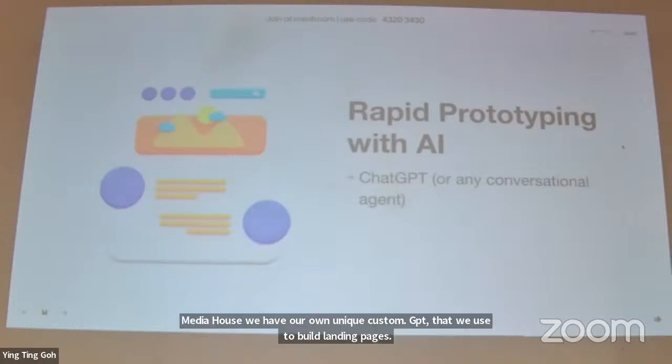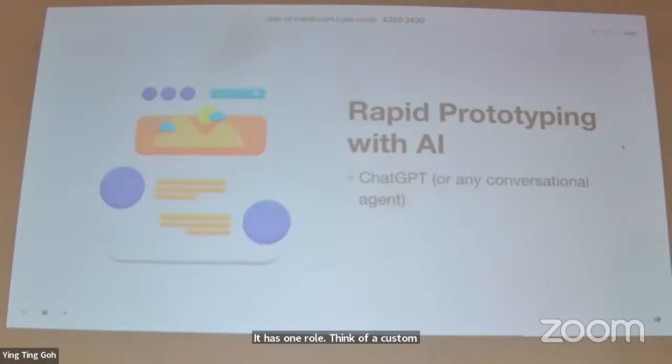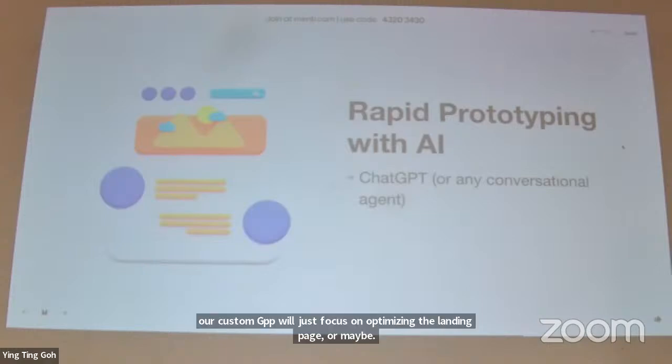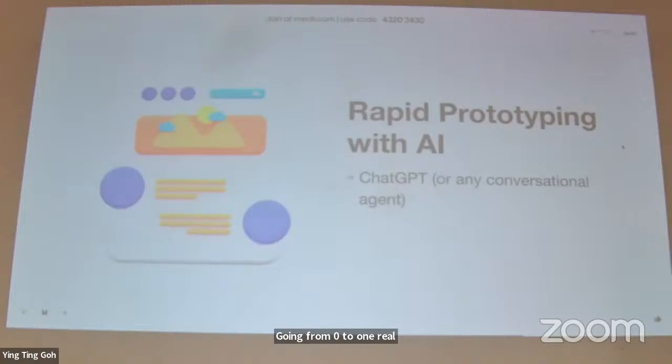Think of a custom GPT as a specialist on your team. A ChatGPT is a generalist who can do everything. So our custom GPT will just focus on optimizing a landing page or maybe going from 0 to 1 really quick and giving us the content. All I need to do is go and put it out on my website. So we'll try those out too.